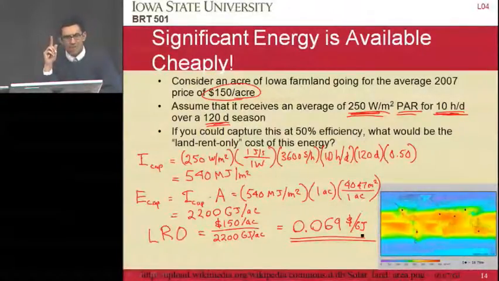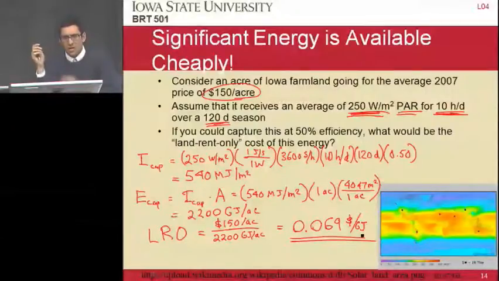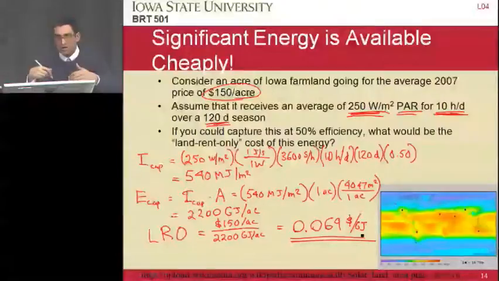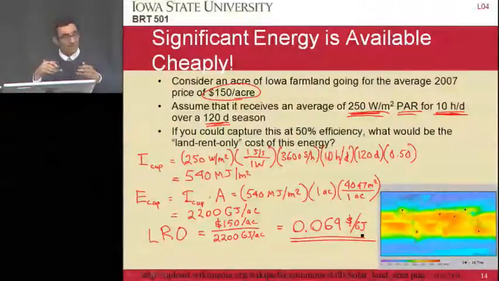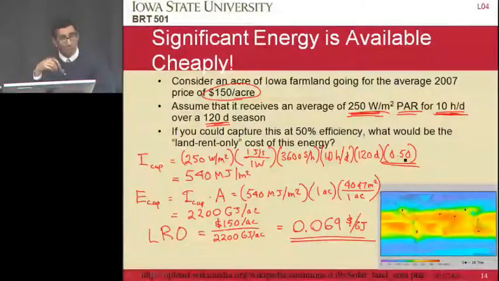This gets back to that lecture 1 graph of total energy from the sun. When you do this sort of math, you think, my goodness, what a resource we have. You could make energy for this outrageously low price. Now, of course, there are a couple of real fantasy land, Santa Claus-like things in here. 50% capture efficiency, we don't know how to do that.